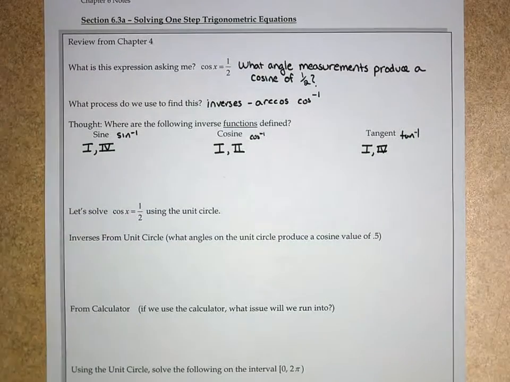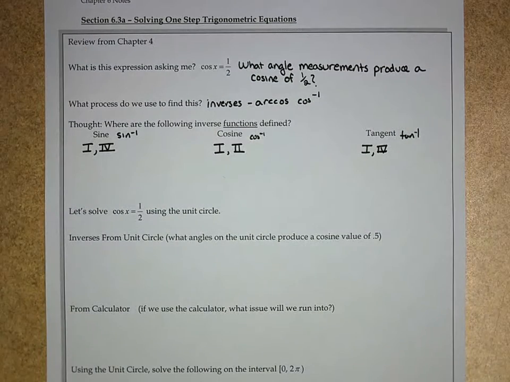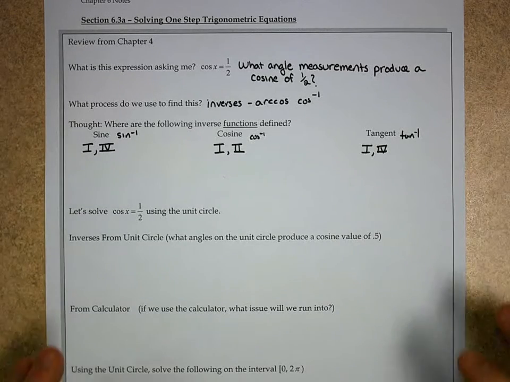The reason we had to do that was because when we took our inverse, we wanted them to be functions and not fail the vertical line test. With my normal sine, cosine, and tangent, they're defined in all 4 quadrants. But specifically for the inverses, we had to limit them.